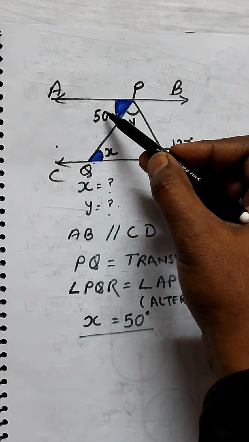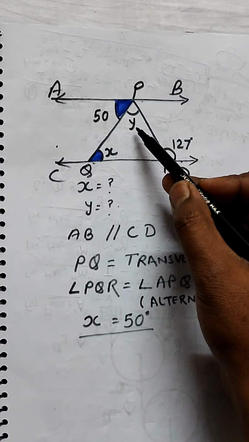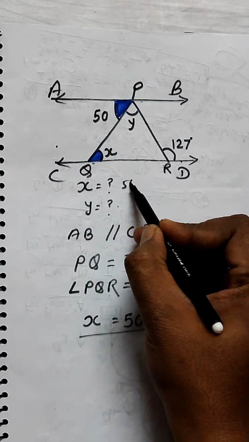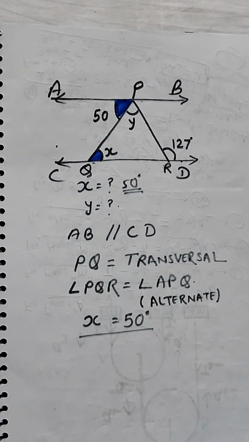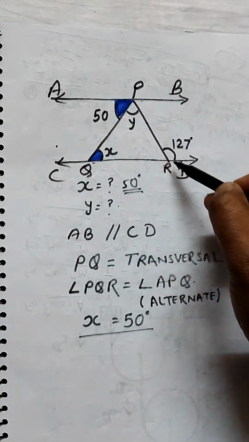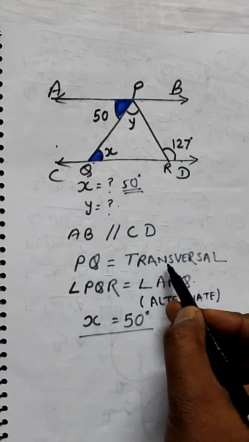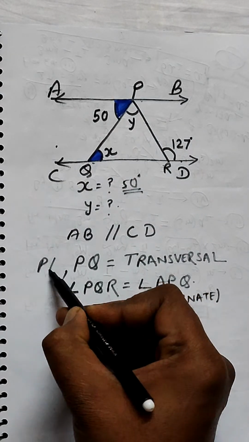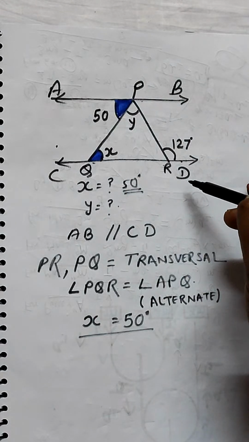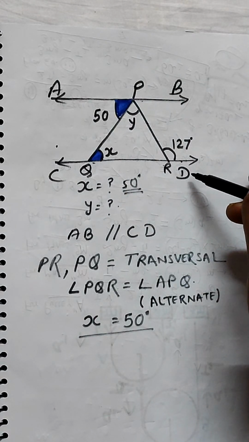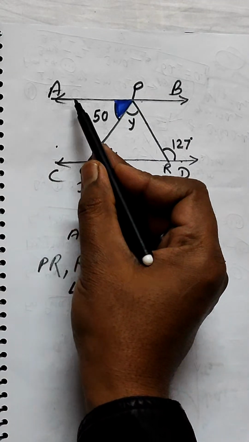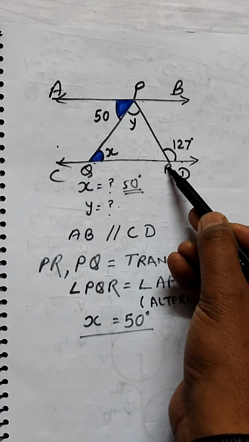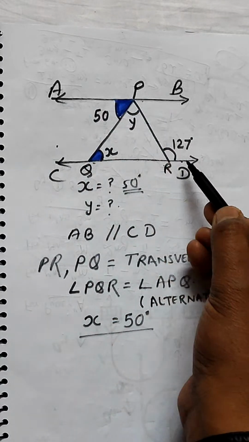It's very simple. Now if this is 50, which is known to us now, what is the value of y? Y is calculated, you can see, since PQ is a transversal, PR is also a transversal. Then by applying the same alternate angle concept, we can say angle APR equals angle PRD.